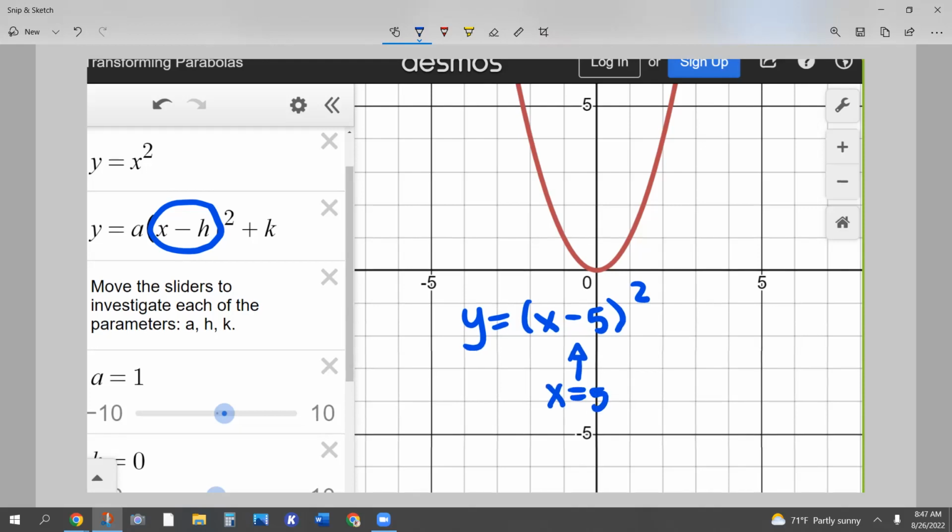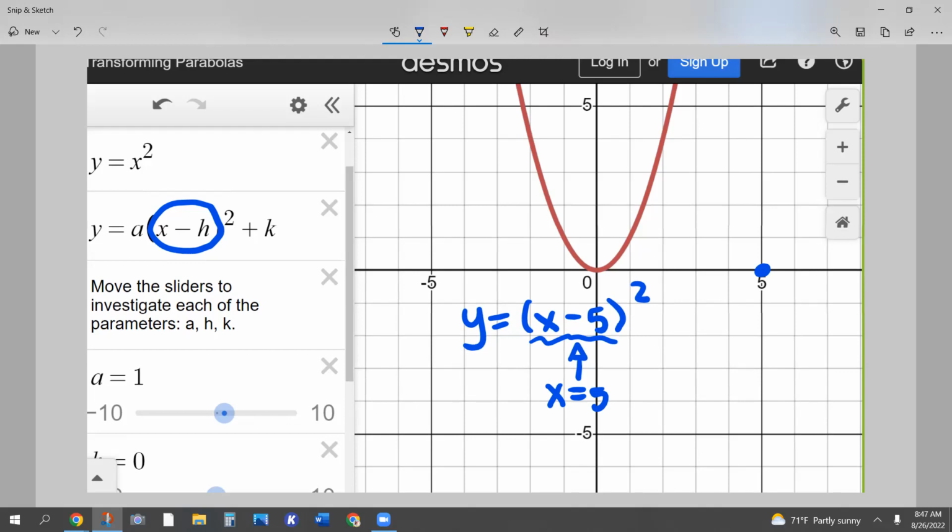So what would happen is this graph is going to be moving to 5. I want you to understand that it's always the opposite of what's here. Does that make sense? So if that is a minus 5, I am moving to the right 5.